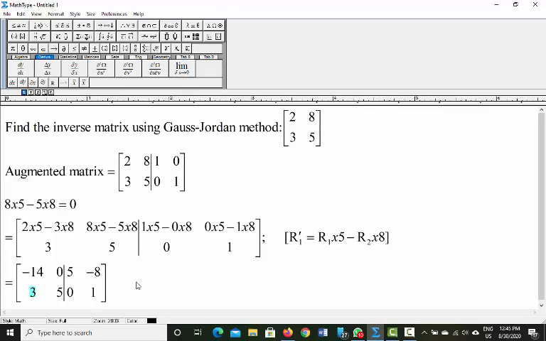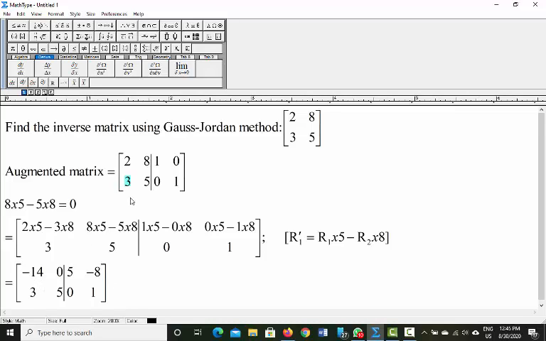Remember, if you convert all the zeros first, then the problem will be much easier. But in theory, you can target any one. If you want, you can convert this one to 1 in the first step as well. But if you target zeros first, then the problem will be much easier.